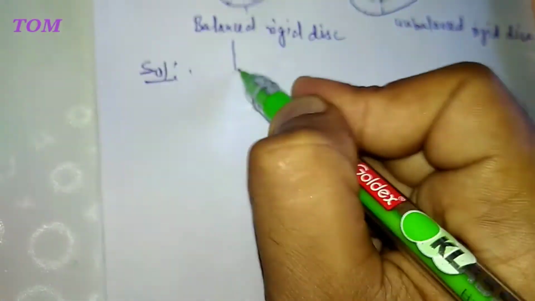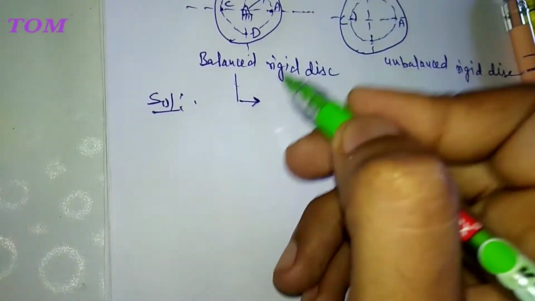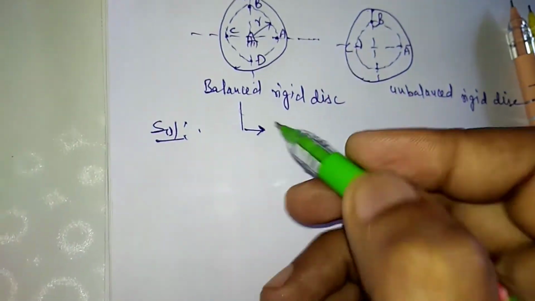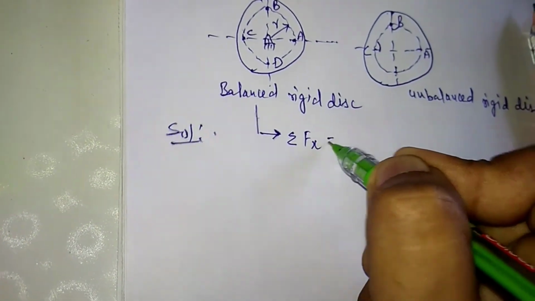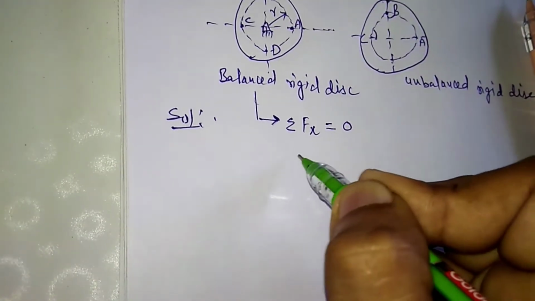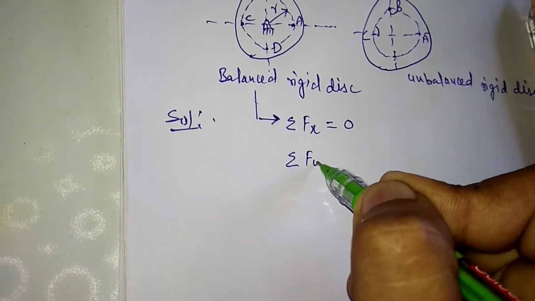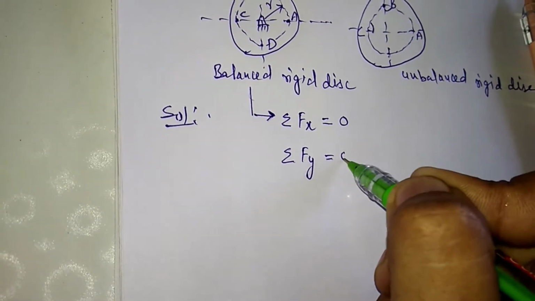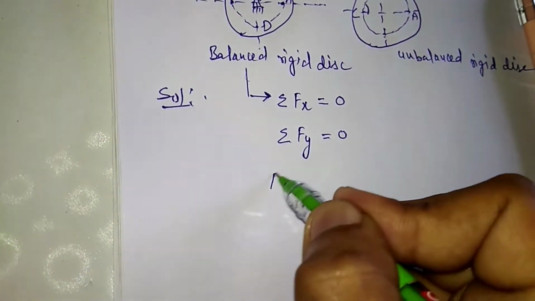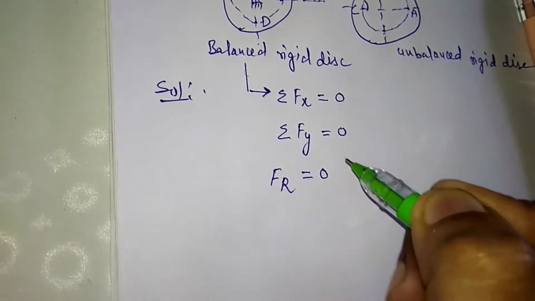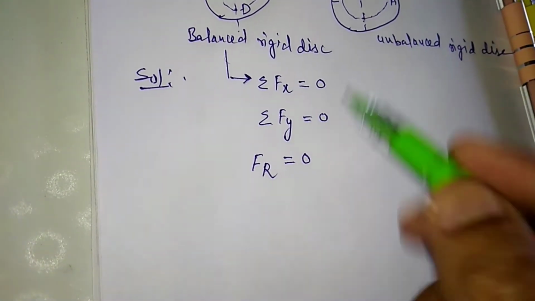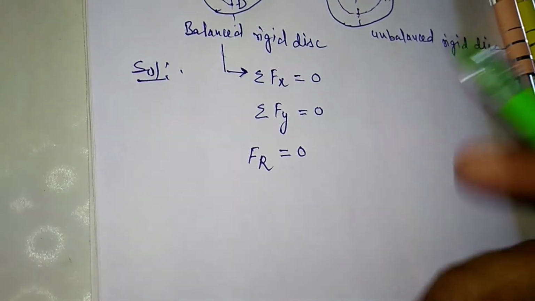When the disc is balanced, the summation of all the forces in the x direction will be equal to 0, and the summation of all the forces in the y direction will be equal to 0. So the resultant force Fr on the disc will be equal to 0.